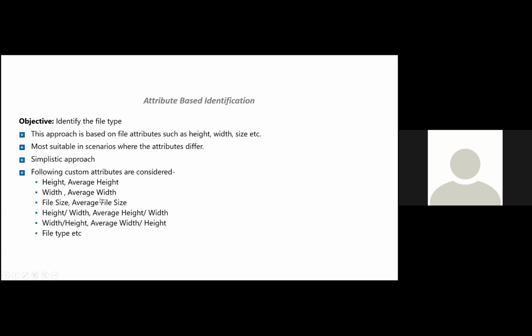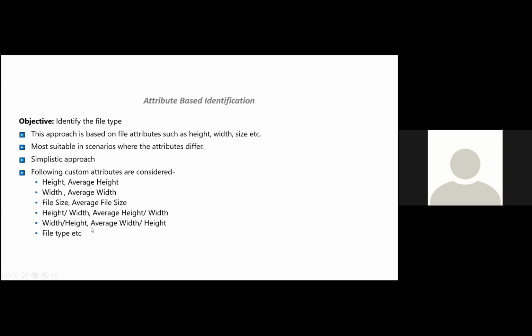From file size, we extracted the average file size, and we used other attributes like height divided by width, width divided by height, and average width by height of each file. We also considered the file type, because we had multiple file types like PDFs, Word documents, TIFFs, and so on.